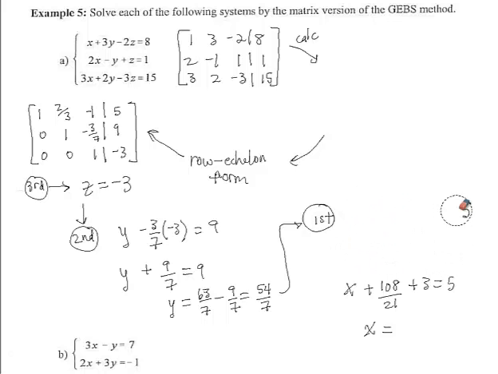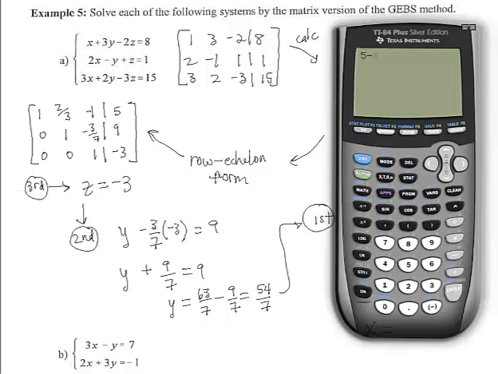So hopefully you have this copied down in your workbook. Okay, 108 over 21, and then we have minus 3. Enter.